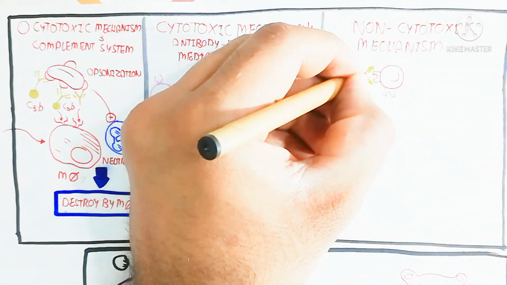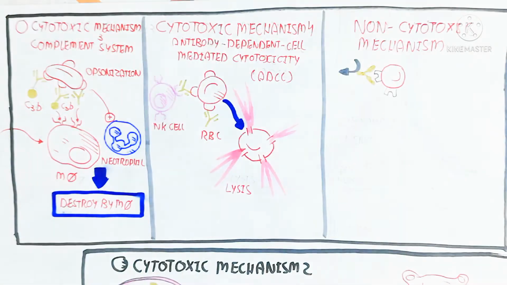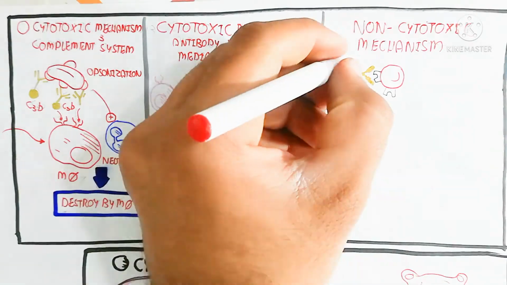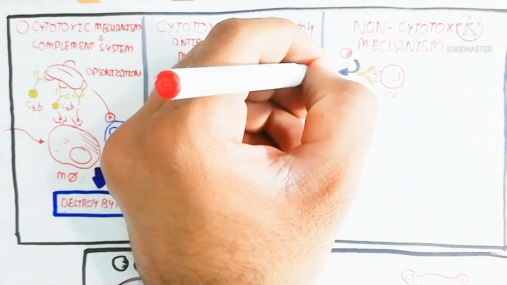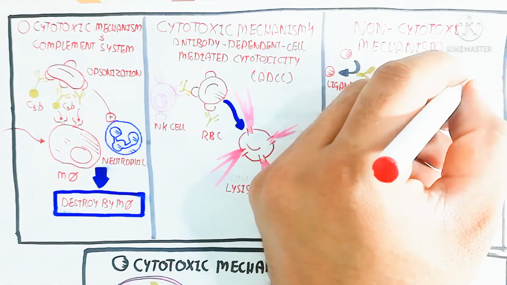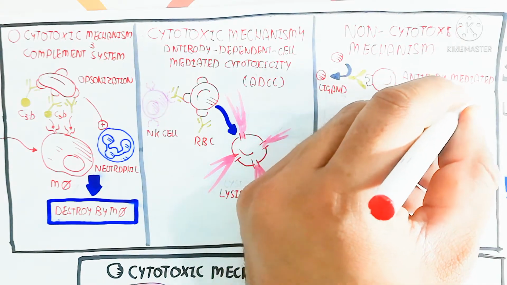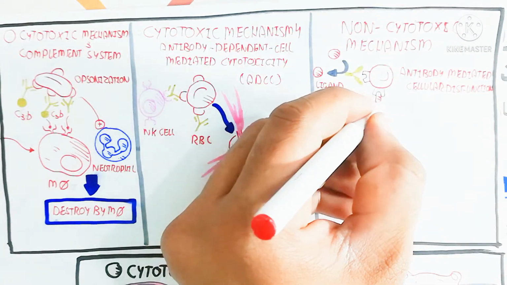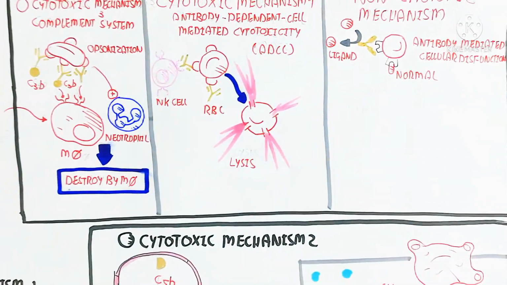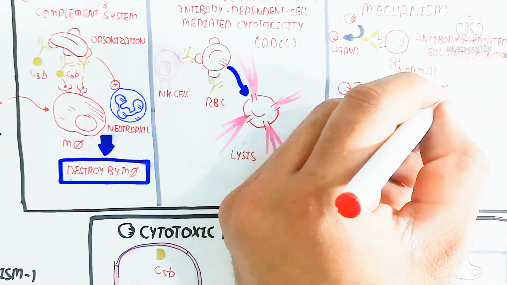Next is the non-cytotoxic mechanism, which is part of hypersensitivity type 2, the antibody-mediated cellular dysfunction. Non-cytotoxic means that cyto means cell and toxic means poison, so the cell will not be damaged, but instead the receptor is inhibited through antibody inhibition through recognition from a CD4 lymphocyte.